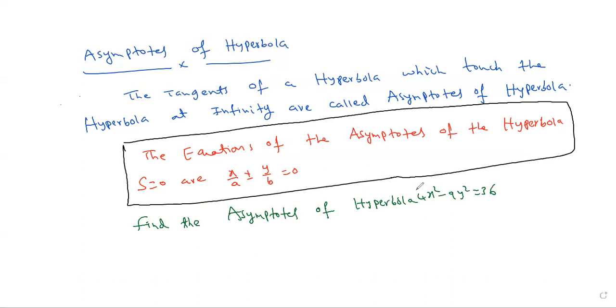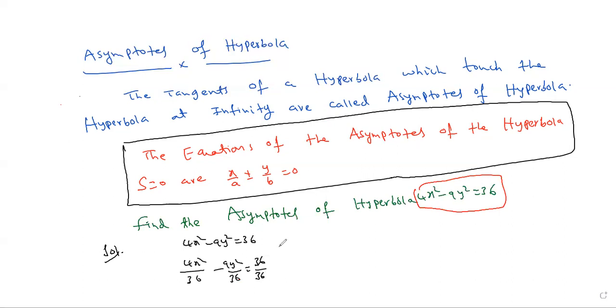You should calculate the asymptotes for 4x square minus 9y square is equal to 36. Very simple. First convert into standard form. The given hyperbola is 4x square minus 9y square is 36. Divide by 36. So here you get x square by 9 minus y square by 4 is 1.